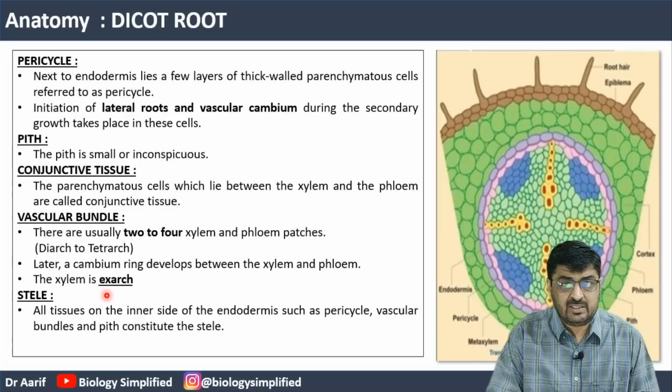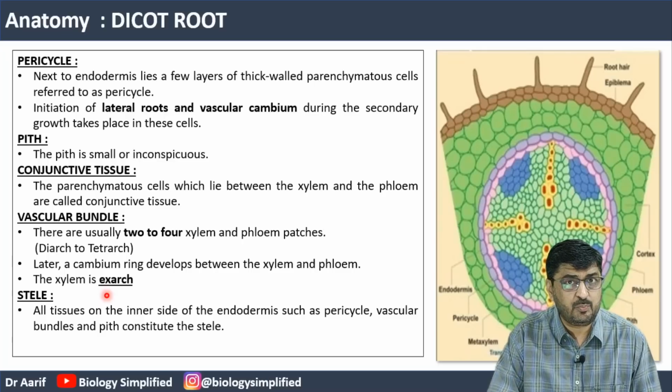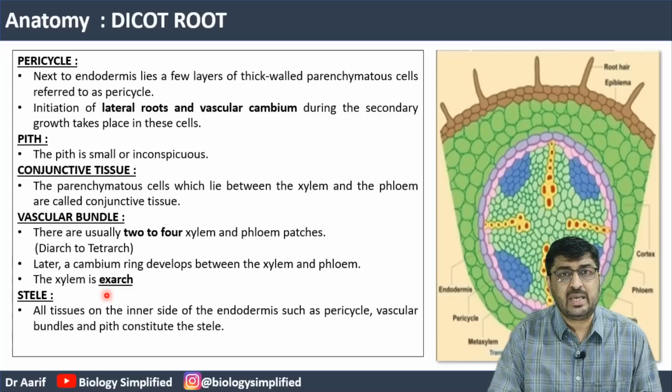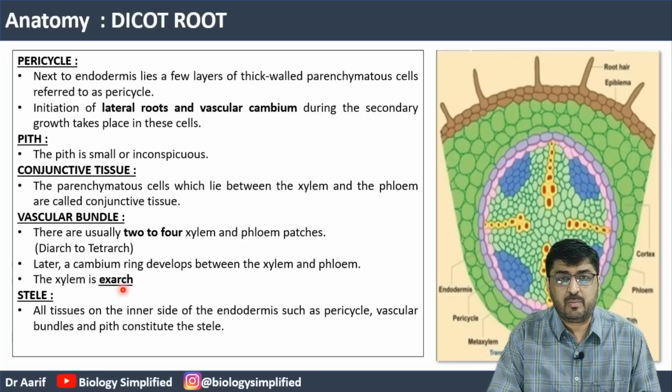And the xylem is exarch, right? We have spoken about protoxylem and metaxylem, right? So when you say it is exarch, exarch का मतलब क्या होता है?